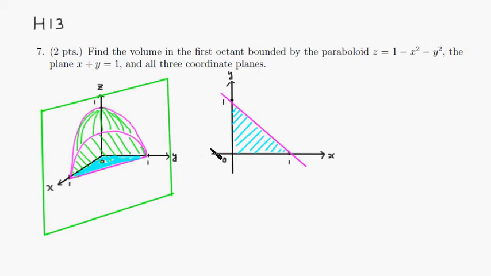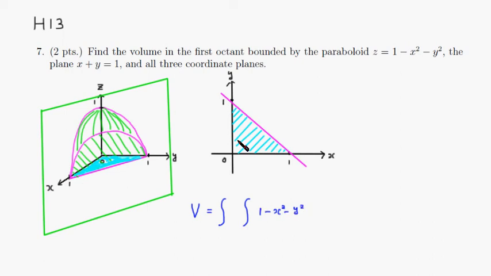All right, so we can set up an integral this way. The volume V is equal to a double integral. The height is determined by the paraboloid, so it's going to be 1 minus x squared minus y squared.